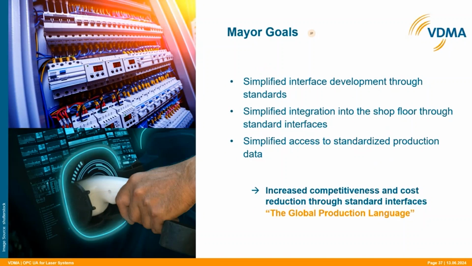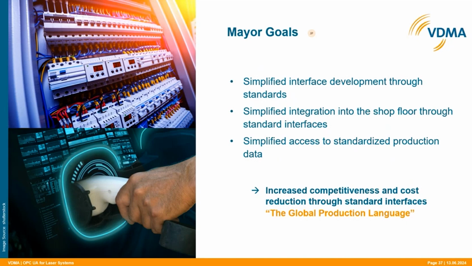So here again, we see the important goals, which we already saw. I just want to give you some evidence of the goals, how we can achieve the simplified interface, the simplified integration, and the simplified access, and what we mean with the global production language.